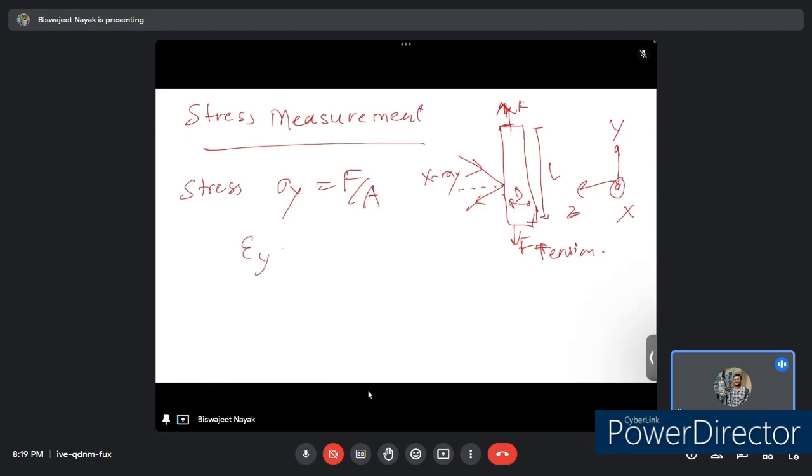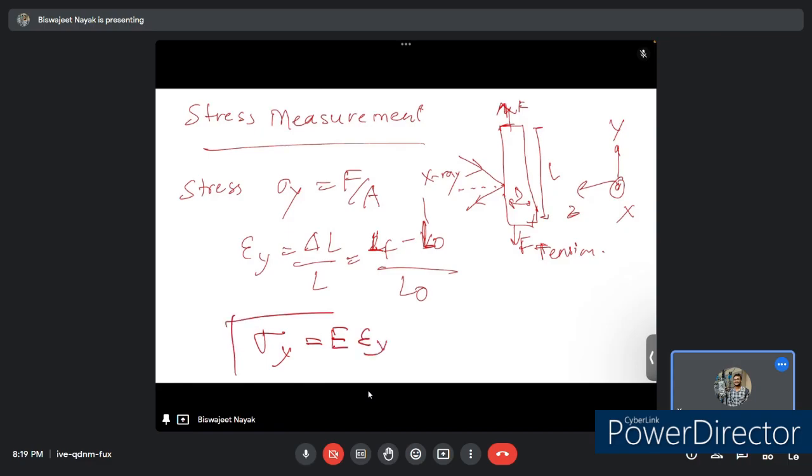The strain is given by the change in length by the original length, that is, final length L minus original length by original length, and the stress is related to strain by a constant E, which we have seen in Young's modulus and shear modulus.